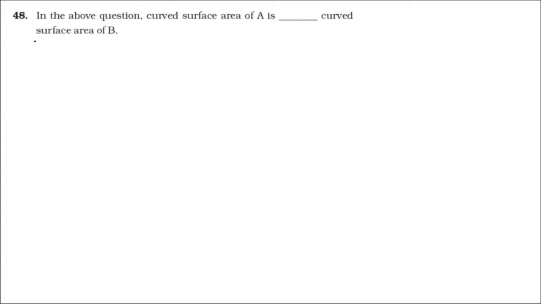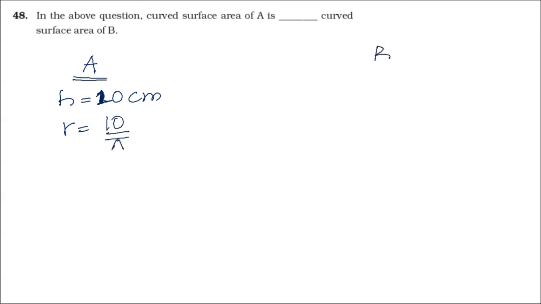Question number 48. In the above question, the curved surface area of A is dash the curved surface area of B. So we have to find the curved surface area for this question. For figure A, we had height equal to 10 centimeters and the radius was 10 by pi.